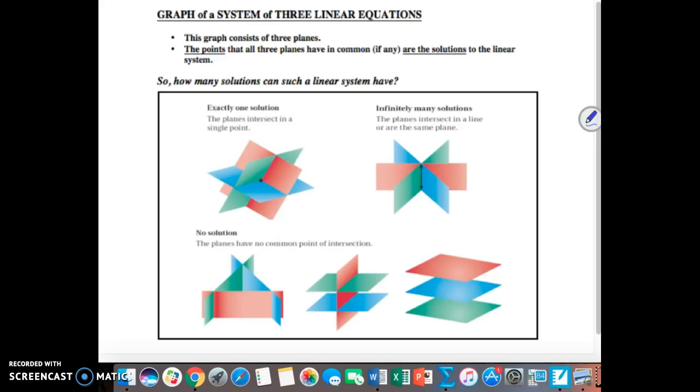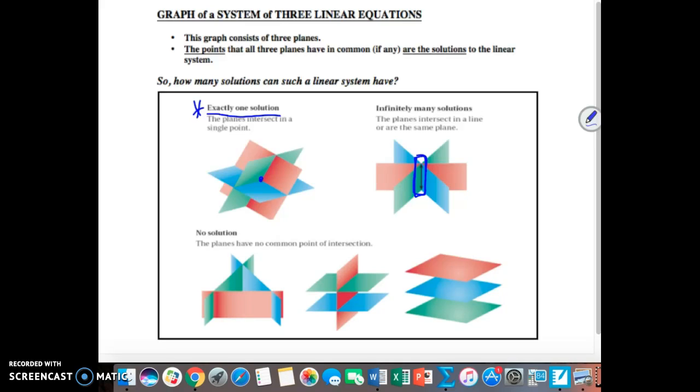Looking at the first example, these three planes intersect at one single point. You can see it right in the middle. So this has exactly one solution. Looking at the picture to the right of it, it has infinitely many solutions because the planes intersect on a line or in the same plane.